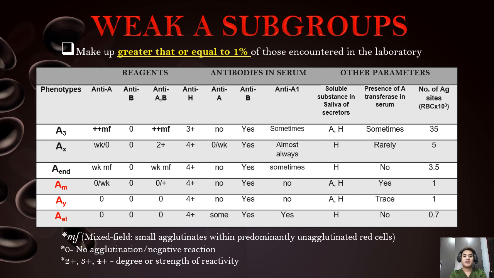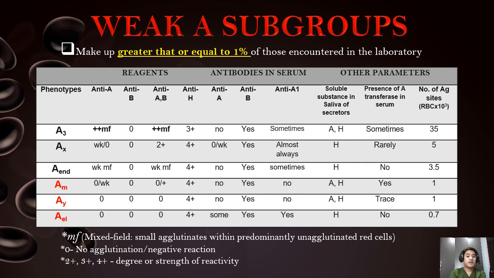Zero represents a negative reaction, meaning no agglutination occurred and showing the absence of that parameter with the given weak subgroup. 2+ to 4+ represents the degree or strength of the agglutination reaction and shows the presence of the given parameter with that specific weak subgroup.